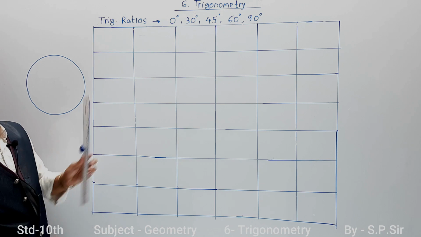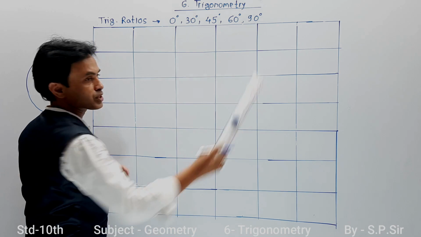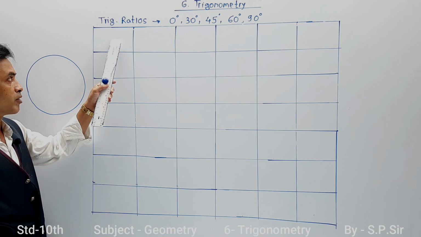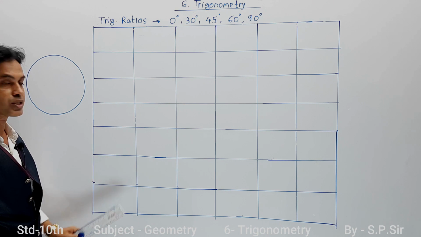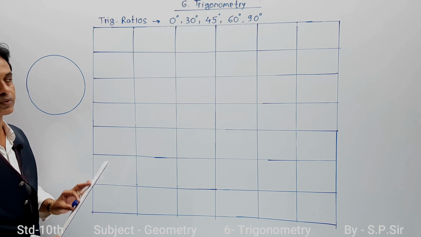First of all, there is a table of 6 rows and 7 columns. You can say a 6 by 7 or 7 by 6 table is in front of you.